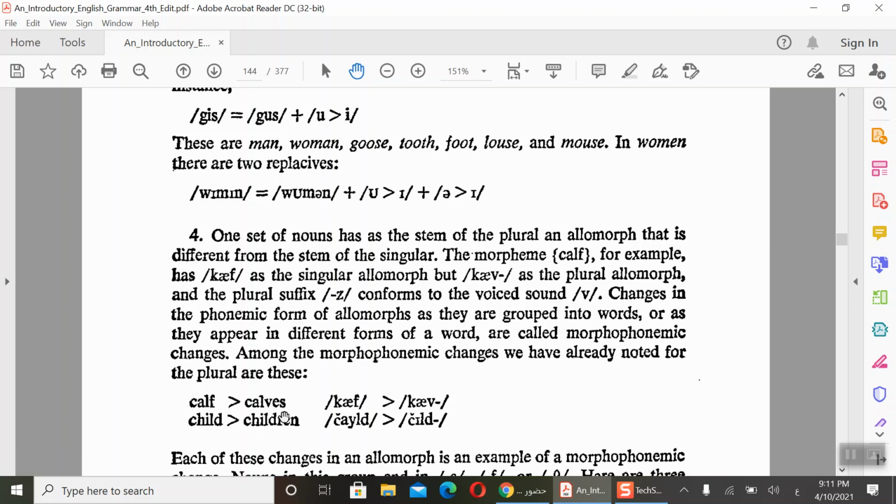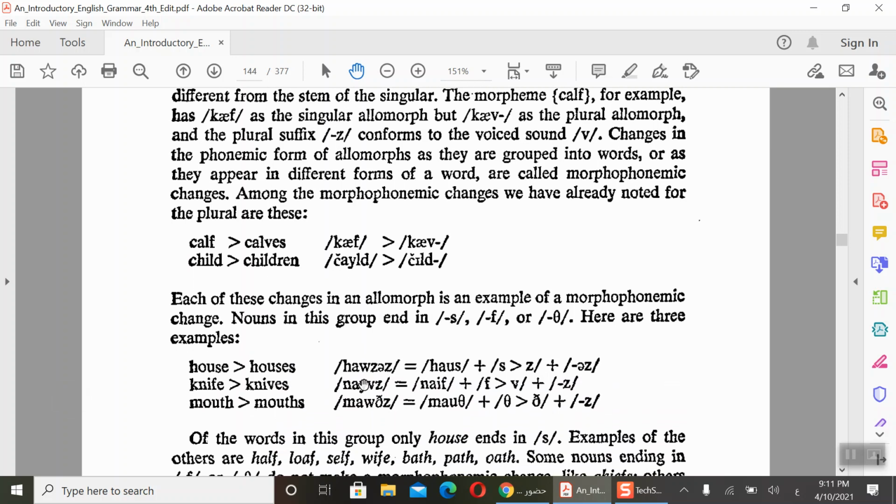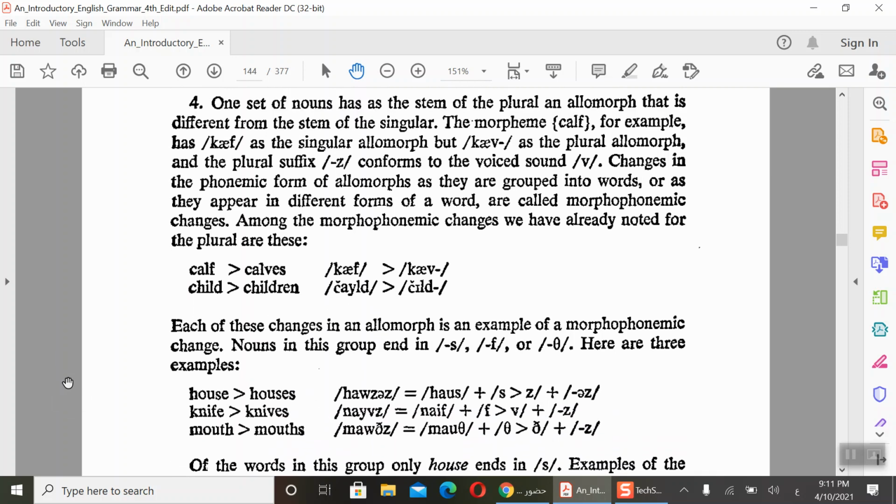Calf, calves. Child, children. Here, for example, wife, wives. You can't say wifes, no, wives. I have, for example, four wives, three wives. You change f to v and add s or es.